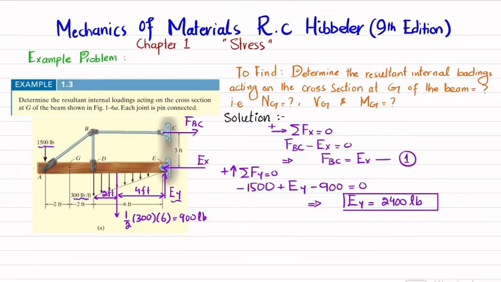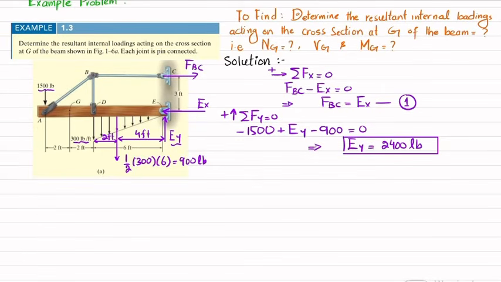So we will apply the third equation of equilibrium, that the sum of all moments about point E is equal to 0, taking the counterclockwise moment as positive. About point E, the first moment will be due to this 1500 pound load, and the perpendicular distance, if you add them, is 10 feet.